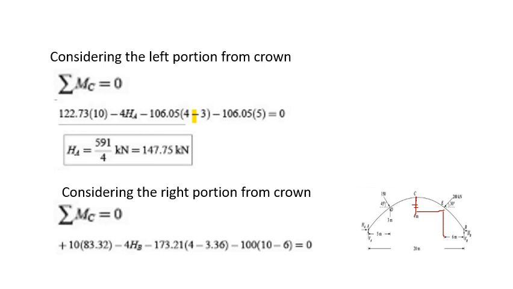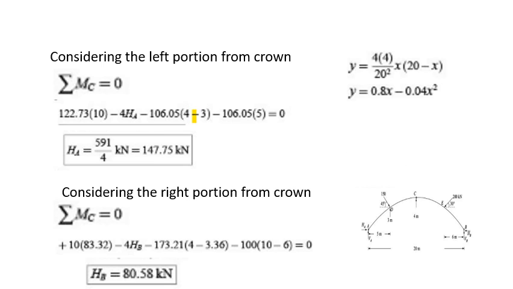So you can find out easily the value of HB. Actually HA minus HB you can easily find out. So like this we find out the value of HB, 80.58 kilonewton.